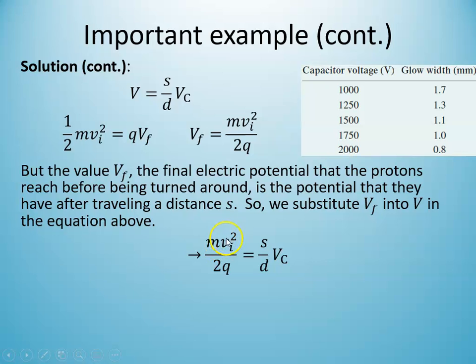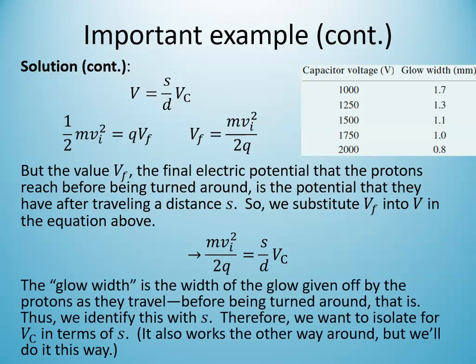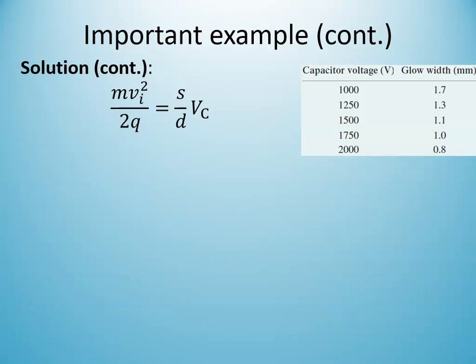V initial is the speed that the protons have entering the plate. That is a constant, presumably. Now, it turns out it's going to be a little more straightforward to pretend that S is the independent variable and just graph capacitor voltage as a function of S. But what we need to do is solve for capacitor voltage.